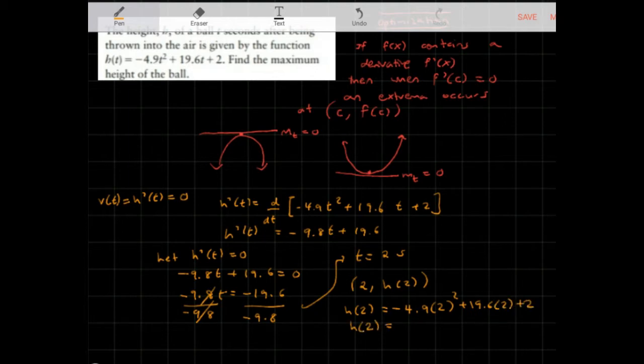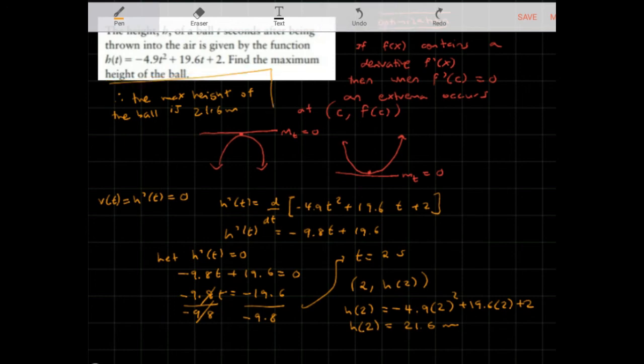If I crunch this out, this is going to give me 21.6 meters, okay? So therefore, the maximum height of the ball is 21.6 meters.